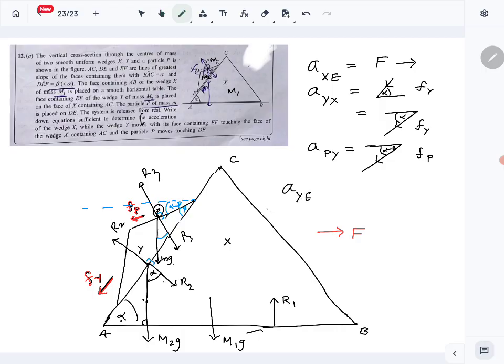Acceleration of wedge y relative to Earth is going to be a yx plus a xe. So that is this plus this, right? So we'll figure out those later on when we need them.